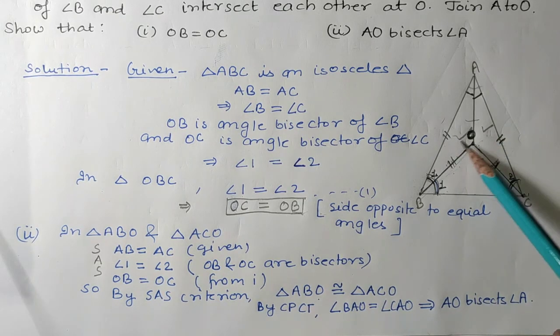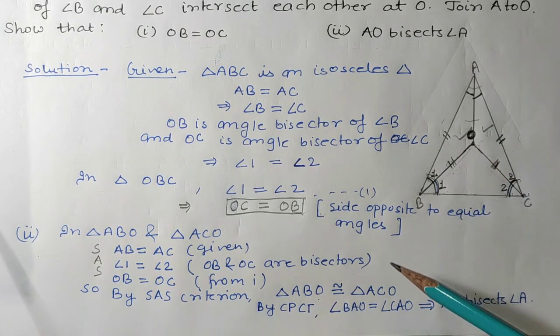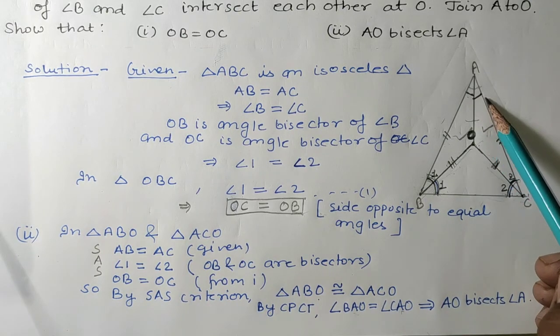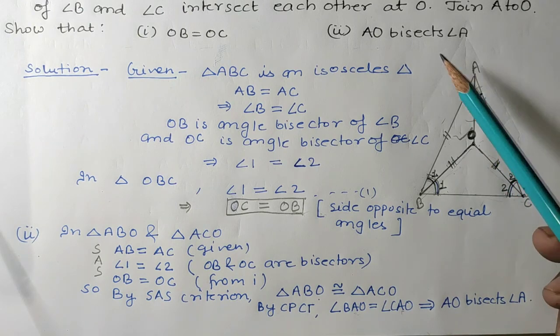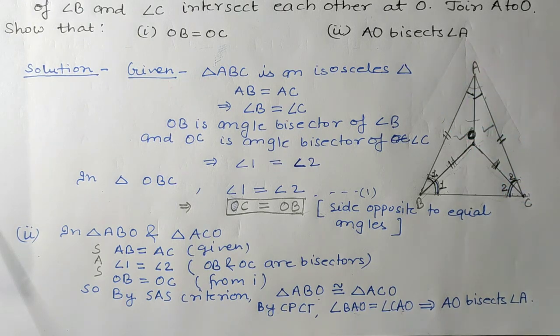So if these two triangles are congruent, then their corresponding parts should also be equal, and their corresponding parts are angle BAO is equal to angle CAO, and if this angle is equal to this angle, means this side is the bisector of angle A. So AO bisects angle A. So just pause the video and note it down, students.